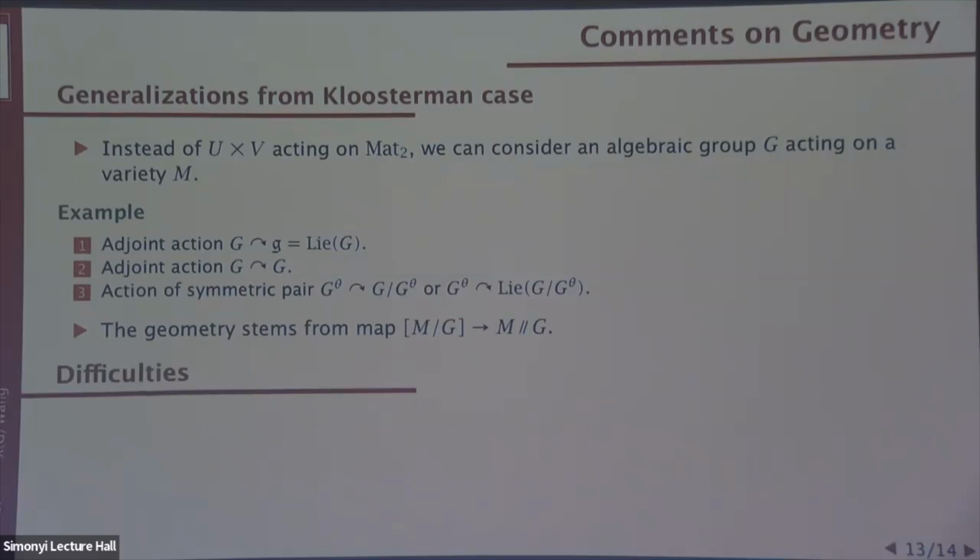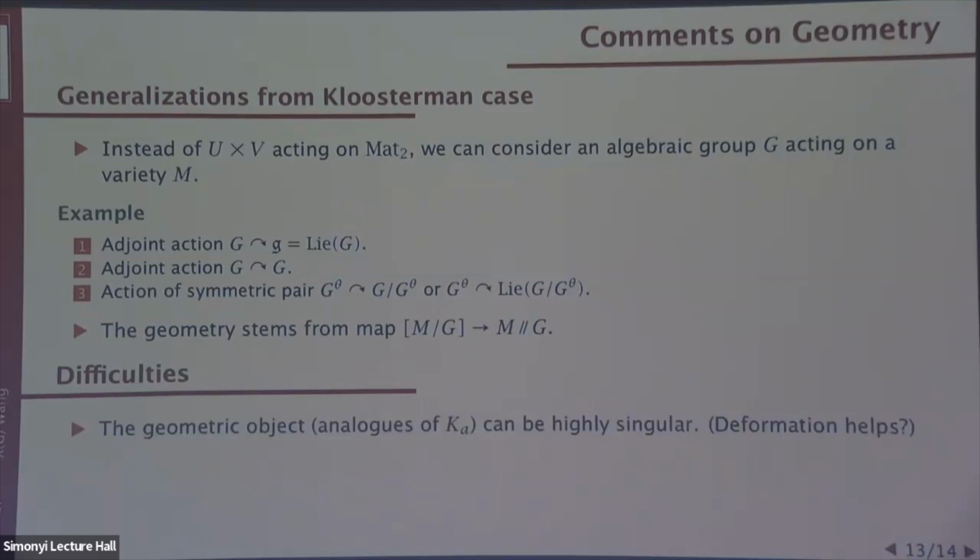There are a few difficulties associated with this method. If we just try to naively extend the Kloosterman sum case, first is the geometric object. If the valuation or whatever gets really large, this K_a analog can be highly singular, but by itself this is usually not that big of a problem because we can always do deformation and some approximation.